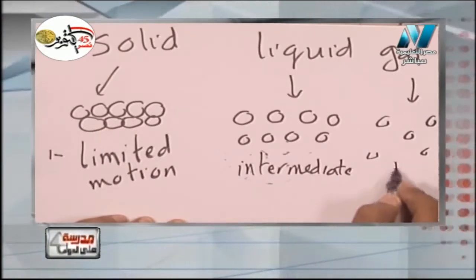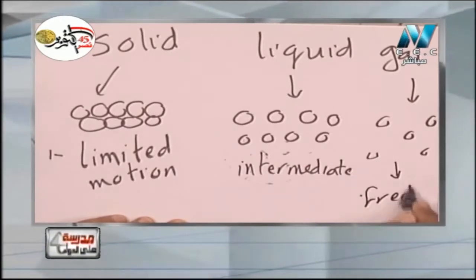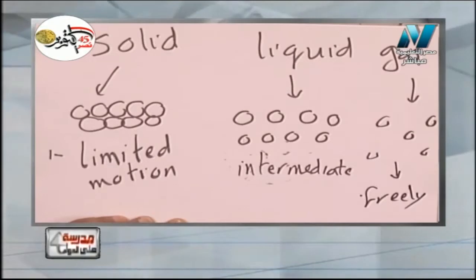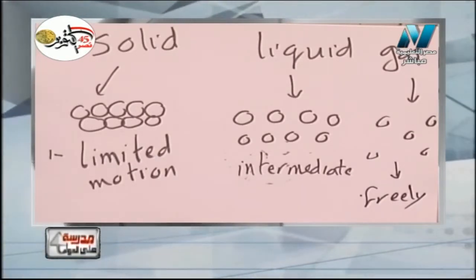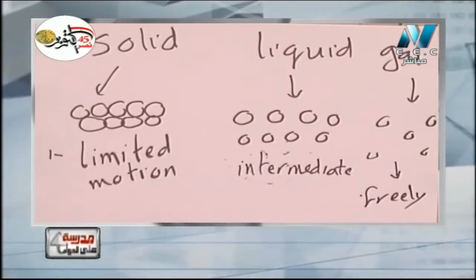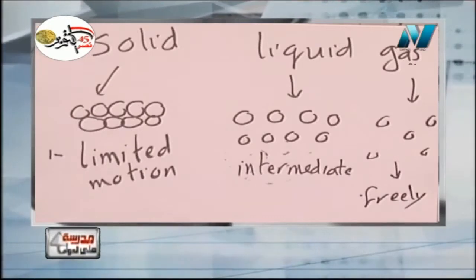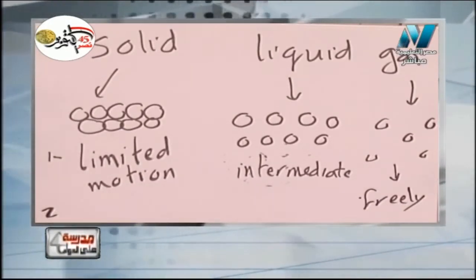But in gas, they move freely. The perfume spreads in the whole room because molecules of gas have free motion. They move freely. This is the first property of molecules.